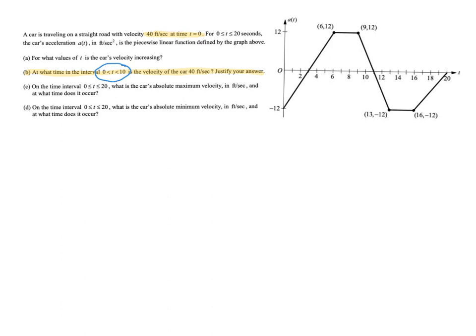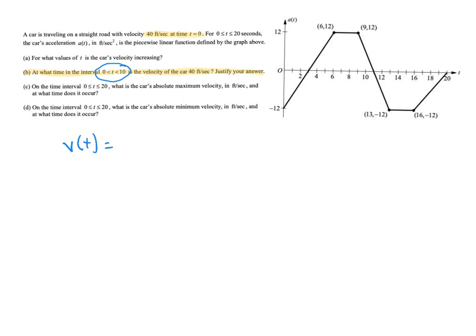But we do need to create some sort of an expression for v so that we can figure out when it's going to be 40 again. So because this is the acceleration function, v is going to be an accumulation of change from the time t equals 0 forward. And I'm saying forward because the graph starts at 0 and goes to 20. And we're looking at 0 to 10 for this part of the problem.